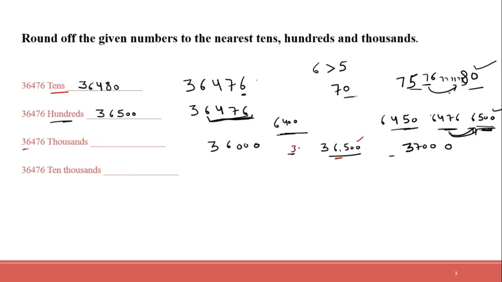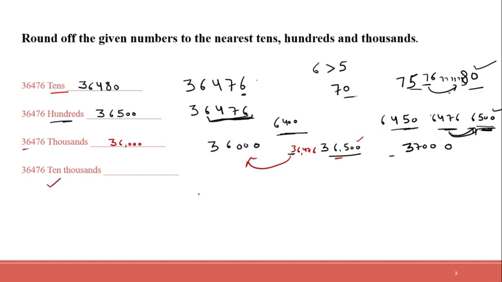So it will be somewhere here, right? So it will round off to the nearest 1000, that is 36,000. Clear?